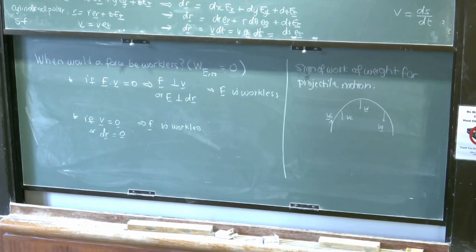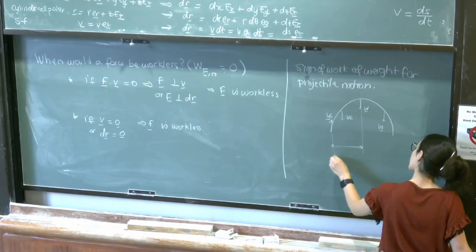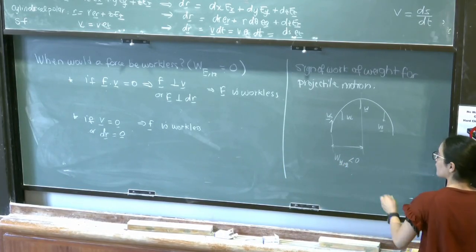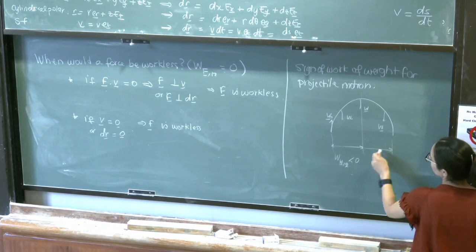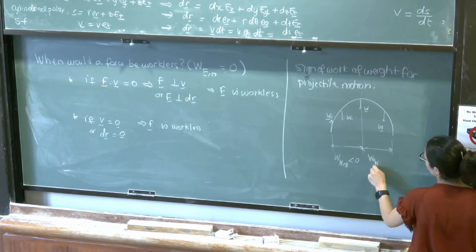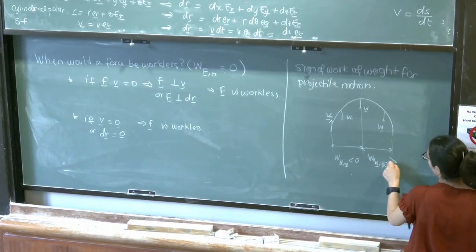Negative, then positive. From where to where is it going to be negative? Right, so the work of the weight from initially to the apex is going to be negative. And what about in this region? The work of the weight from 2 to 3 is going to be positive.